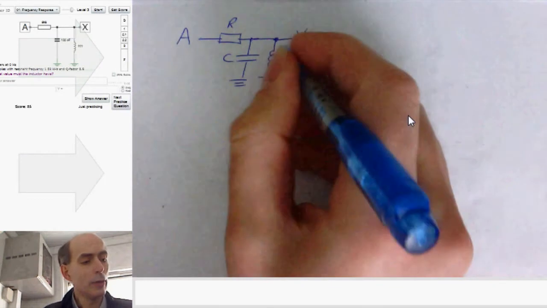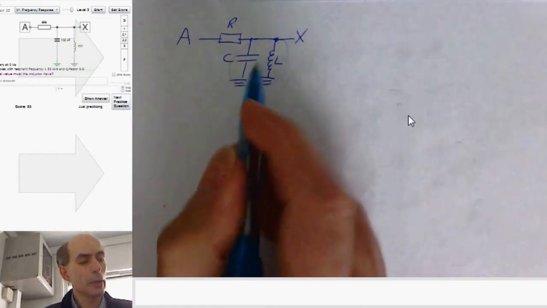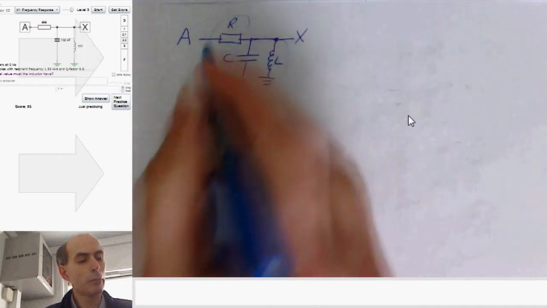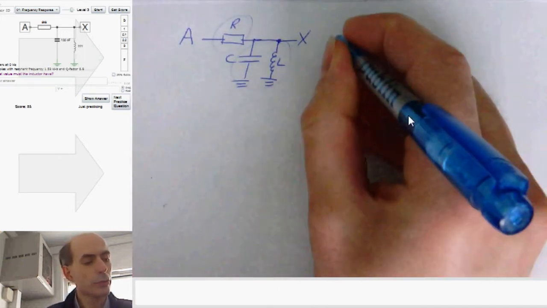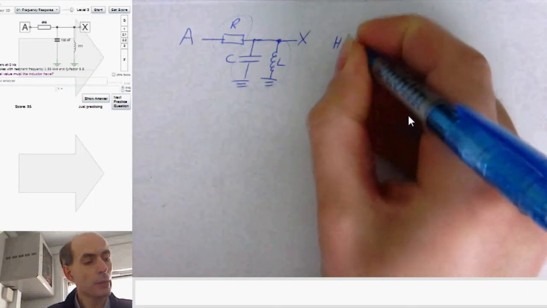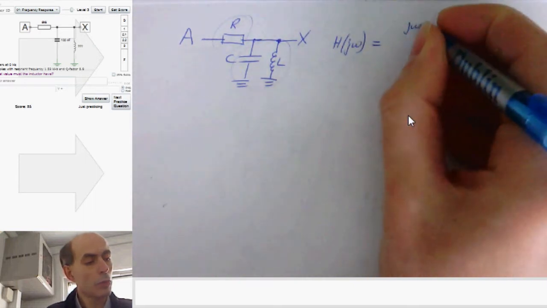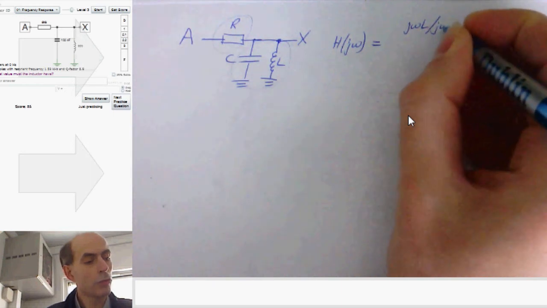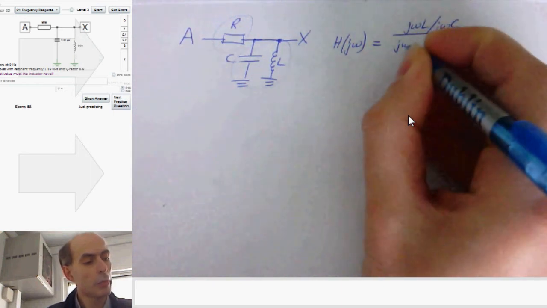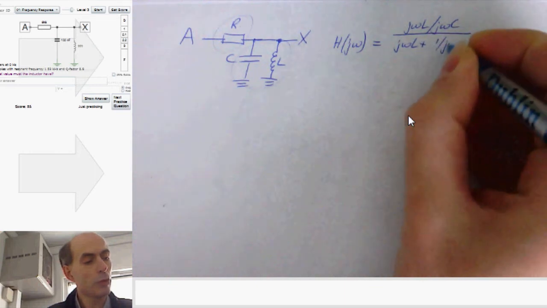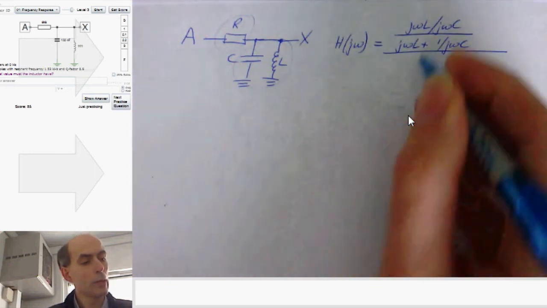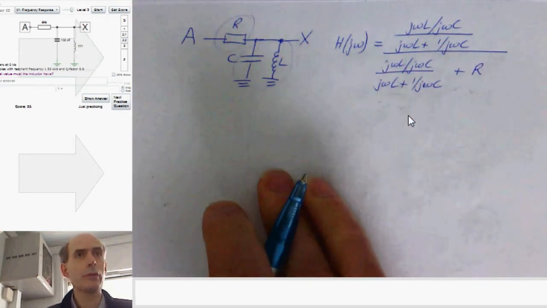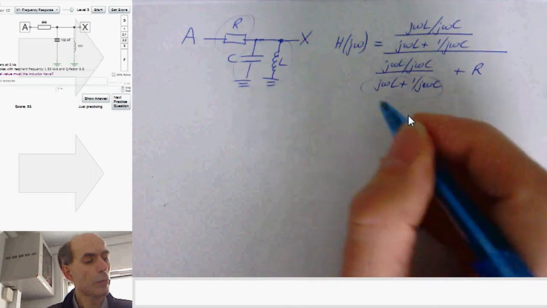Right. So, again, standard potential divider equation. It's the impedance of this network divided by the impedance of this network plus the impedance of that network. So, H of j omega would be equal to j omega L divided by j omega c over j omega L plus 1 over j omega c, all over that lot again plus R. First thing to do, multiply through by this term.